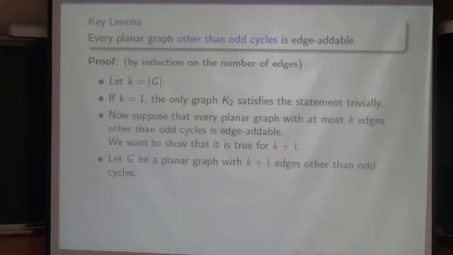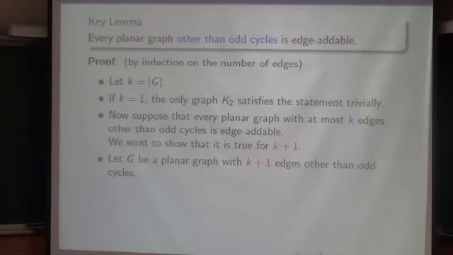So this is okay. Now we suppose that every planar graph with at most k edges, other than cycles, is edge-addable. We want to show that it is true for k plus 1.